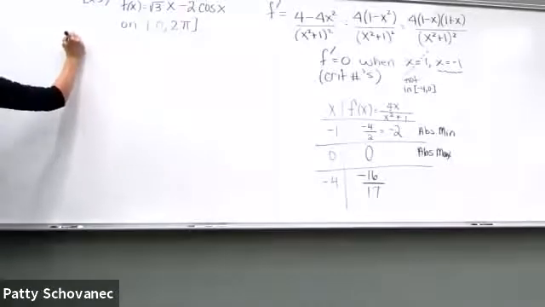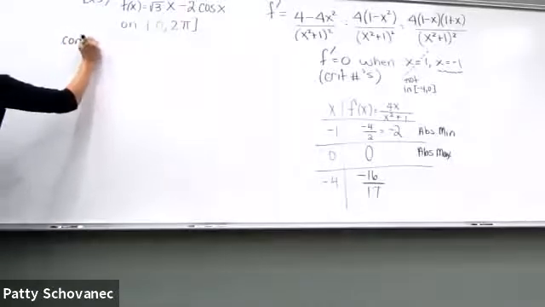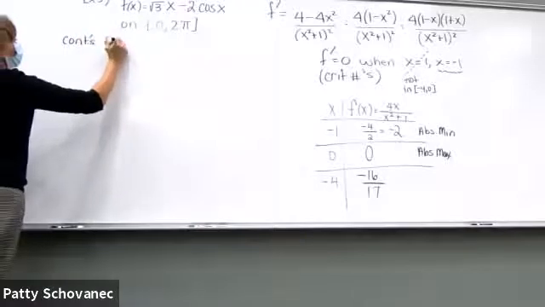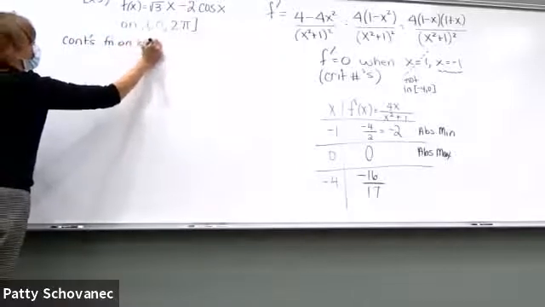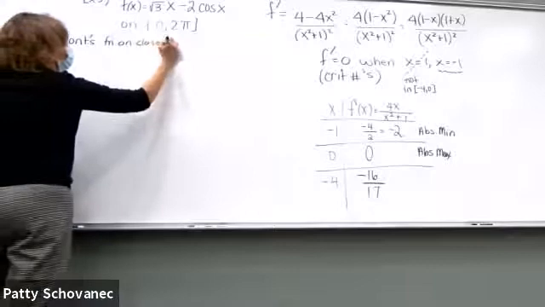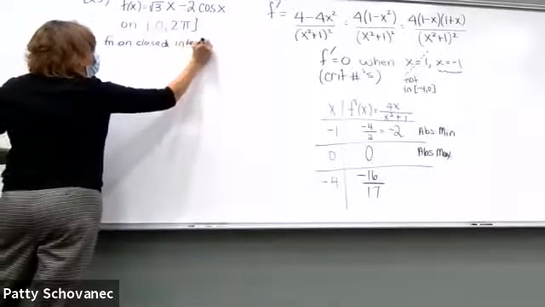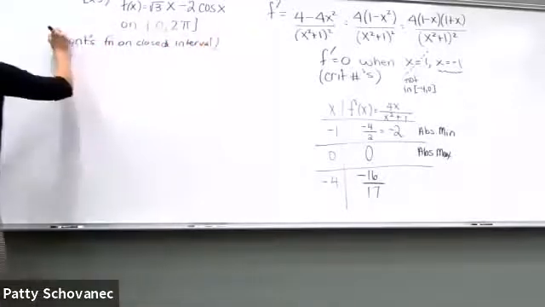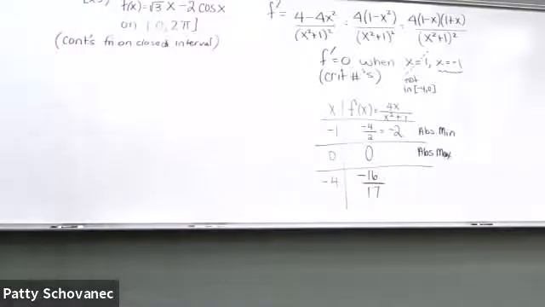Both the max and min exist. So you're going to take the derivative, set equal to 0, and see if you can find all of the critical numbers between 0 and 2 pi.